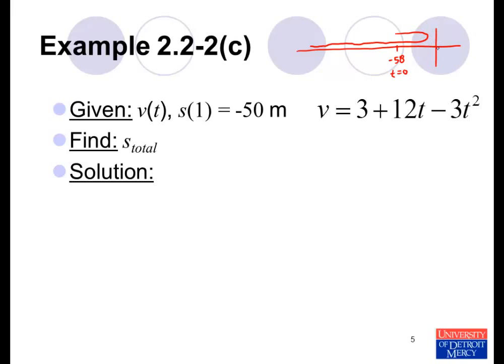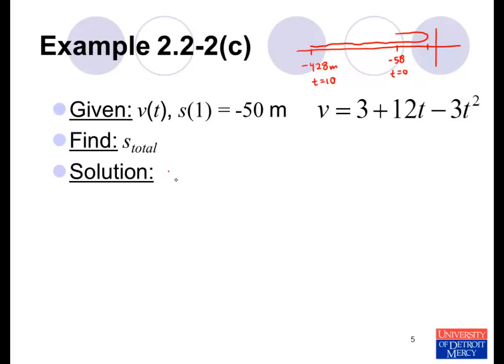At some point, we turn around, and then we know that we end up at minus 428 meters at t equals 10 seconds. Therefore, in order to determine the total distance traveled, we need to figure out where we turned around. How far did we go forward? How far did we go to the right before we went backwards? And so in order to figure that out, we need to determine the time at which we turned around.